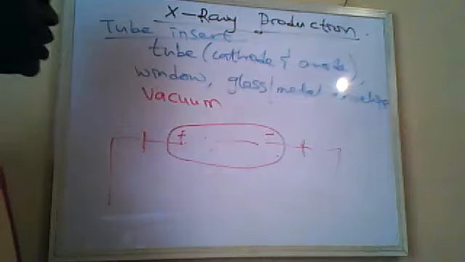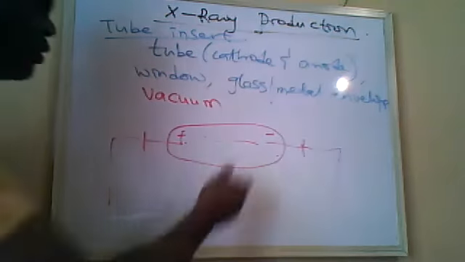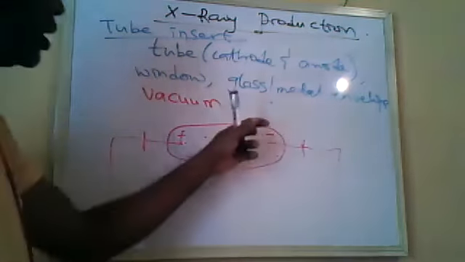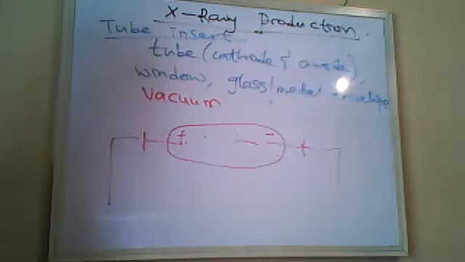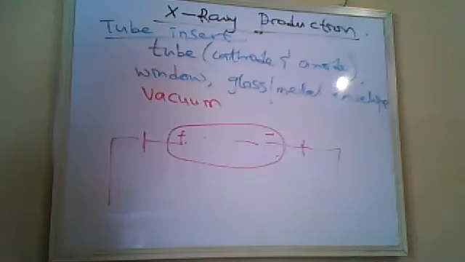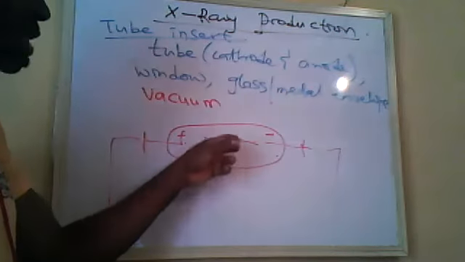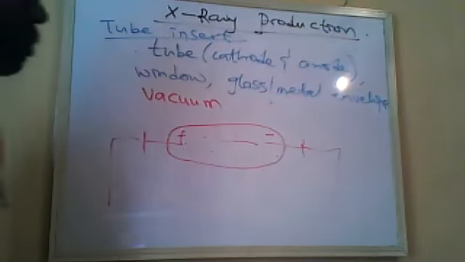Because if that happens, the energy of the electrons will continually be reduced because of the interaction they have with the particles here. So we want to make sure as much as possible we don't have anything inside. We essentially have a vacuum as much as possible. Of course, we can't get a perfect vacuum.